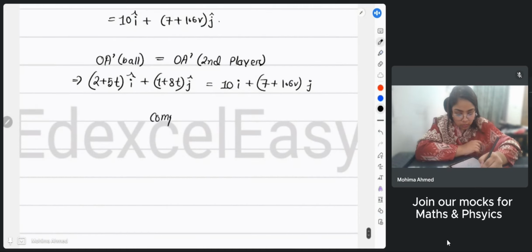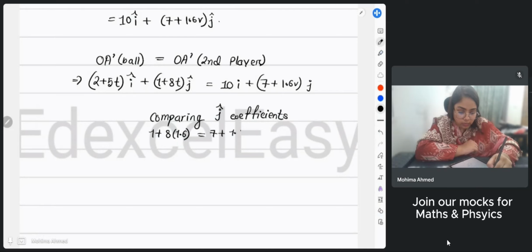Comparing J coefficients, which is going to be 1 plus 8 multiplied with 1.6, the value for time, equals 7 plus 1.6V. So V is 1 plus 8 times 1.6 minus 7, divided by 1.6.